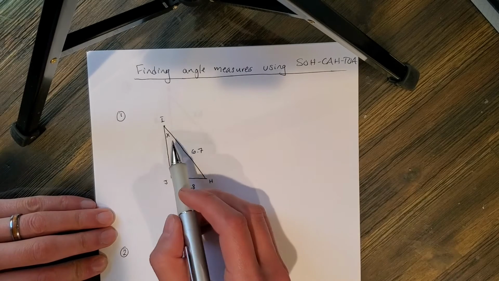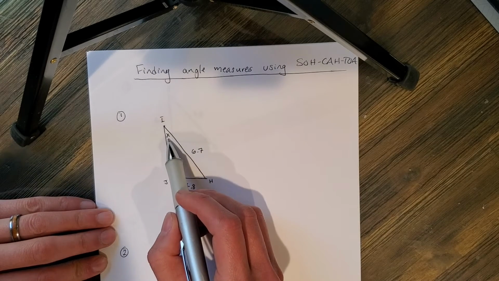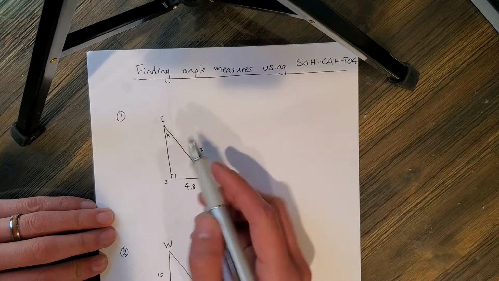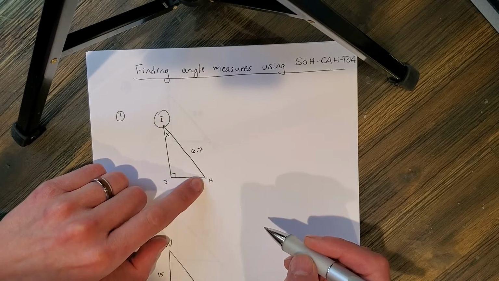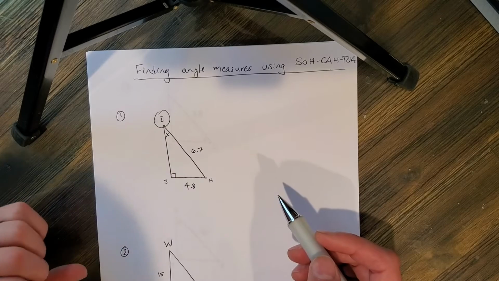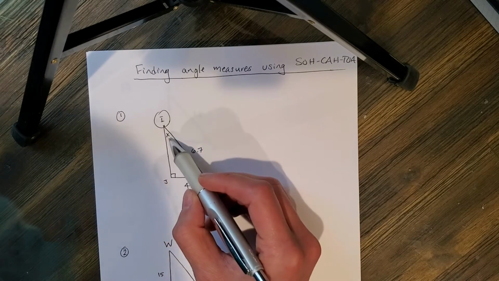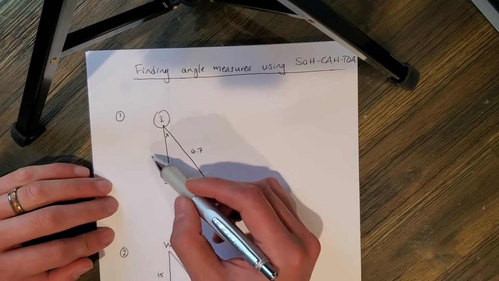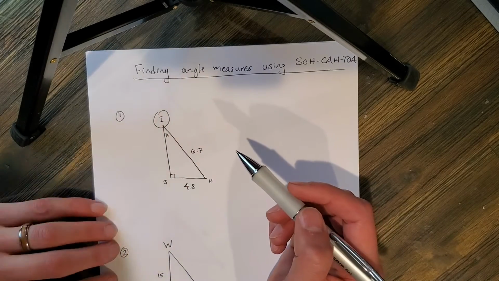So notice here, in this first one, we have the angle up here, I. I is the angle that we're trying to solve for, and there's a little x there, a little variable. Since that's the angle I'm going to work with, notice there's nothing here. I'm not trying to find this angle, although I could. Since this is the only one I'm interested in, I'm going to label my sides accordingly to this angle.